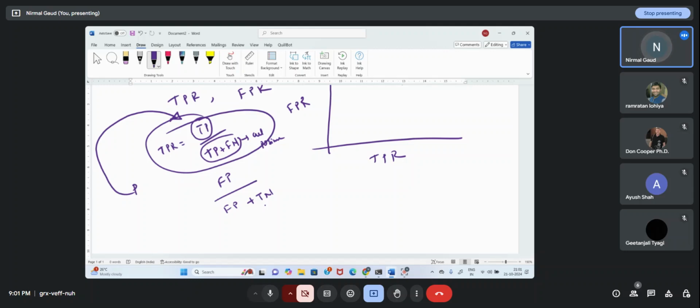And the false positive rate is about those which are wrongly classified: FP upon false positive plus true negative.